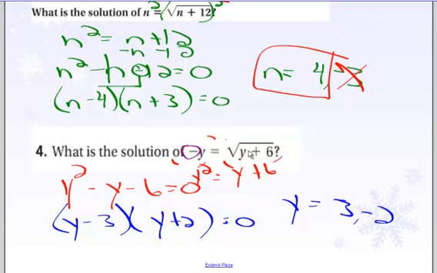So 3 plus 6, the square root of 6, 3 plus 6 is 9, the square root of 9 is 3, and is 3 equal to negative 3? It's not. If I plug in negative 2, negative 2 plus 6 is 4, the square root of 4 is 2. If I plug in, 2 times negative 2 is negative 2, so negative 2 is the only correct solution here. So it has to go in and work for the original problem, otherwise it's an extraneous solution.